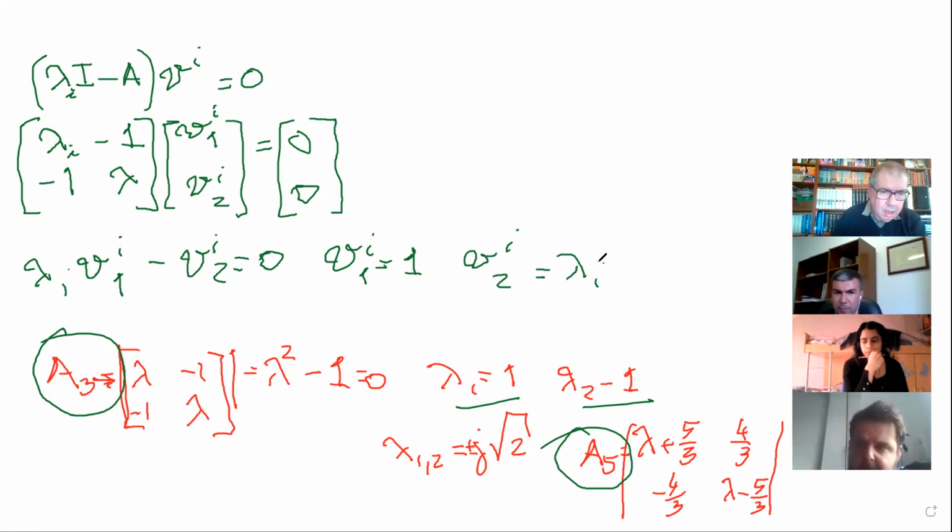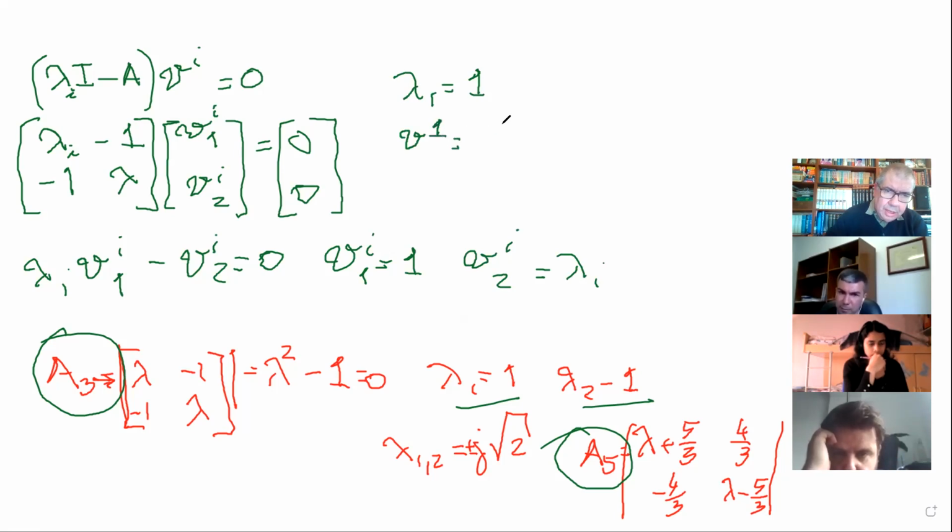Okay? And if lambda 1 is 1, so v1 is 1, the first component I've selected, and then the second is lambda I, which is 1.